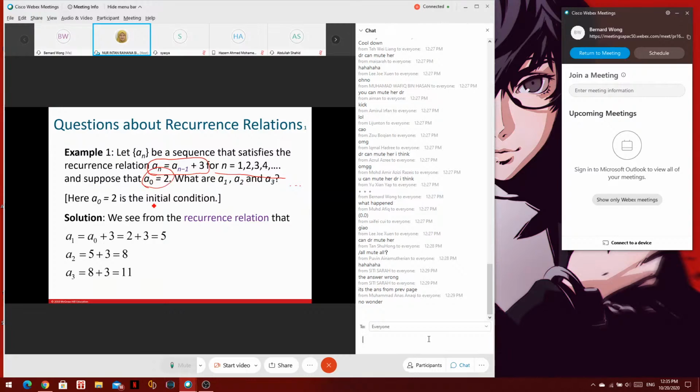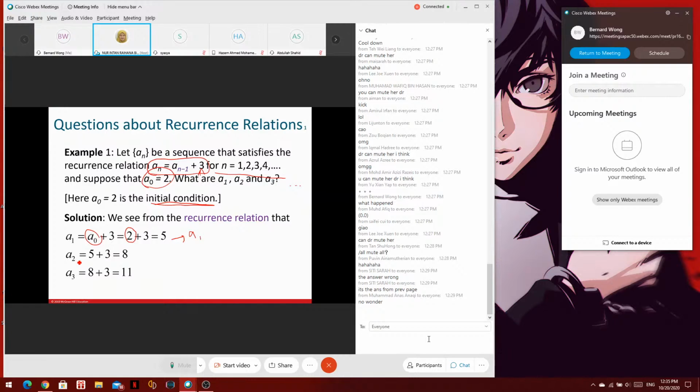This is what we call the initial condition. What are A1, A2, A3? We see from the recurrence relation that A1 equals 5, because you have been given the initial condition, which is 2, and then simply plus 3. Then you save this answer as A1.